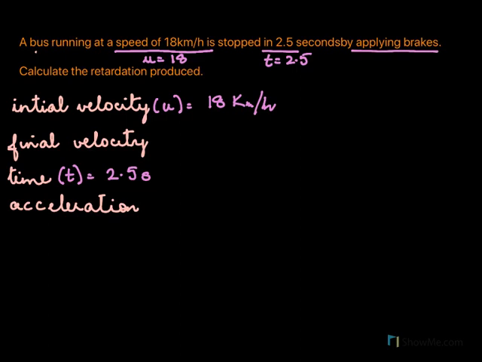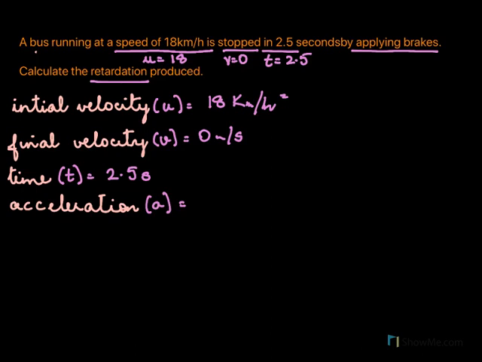By applying brakes, it has stopped, which means the final velocity v is 0 meter per second. We need to find the retardation.